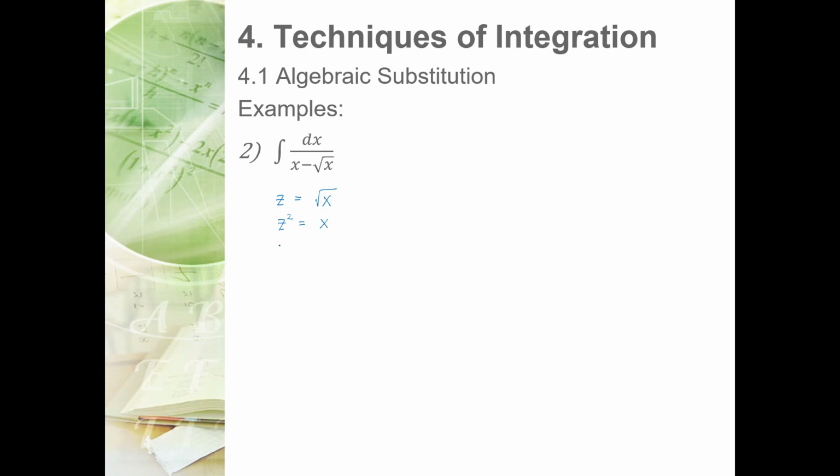And then getting the derivative of both sides. So z squared becomes 2z dz, and then dx. So again, we can replace dx, we can replace the x variable, we can replace square root of x. dx becomes 2z dz, square root of x becomes z, x becomes z squared.